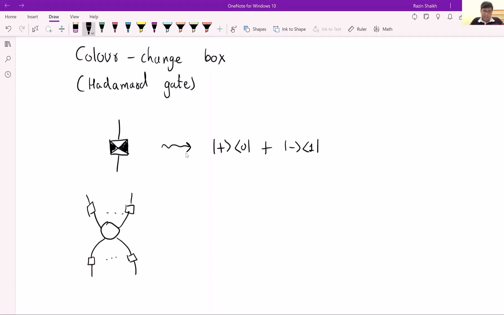Here the Z spider is matching 0s and 1s, but this color change box will change all the 0s to pluses, and all the 1s to minuses. So this is actually equal to the X spider now.